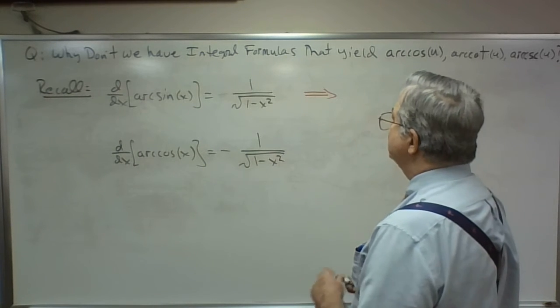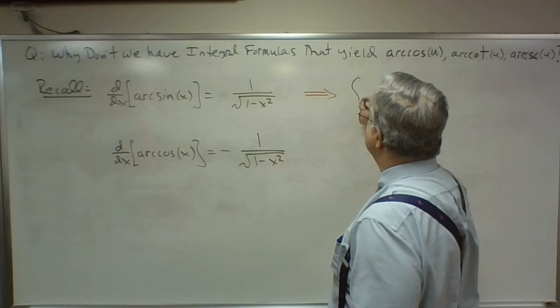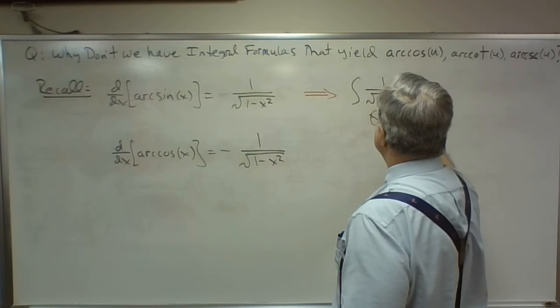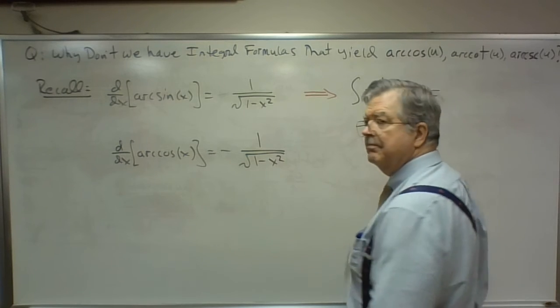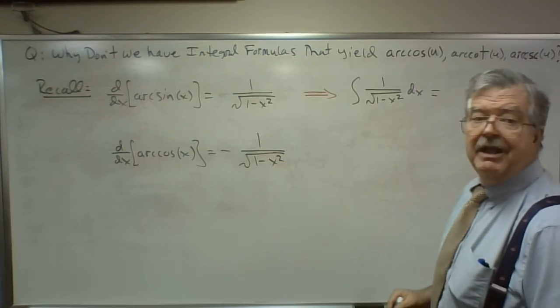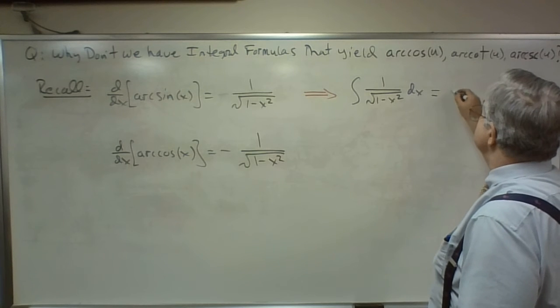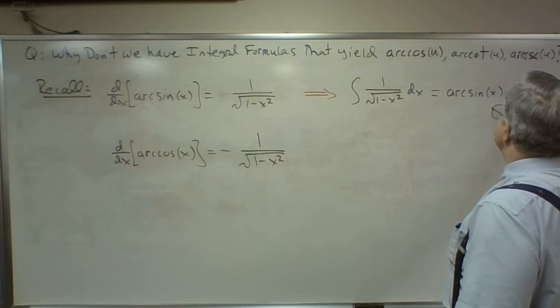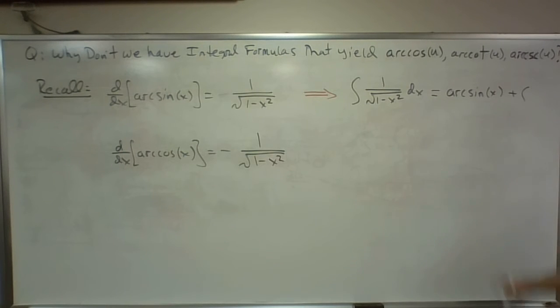As a consequence, when we integrate 1 over square root of 1 minus x squared dx, we get arc sine of x, right? Plus some constant. That's what we get.